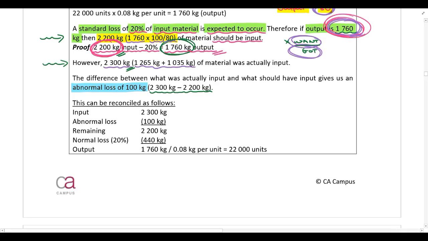And you'll see that can then be reconciled. So take the actual input. They actually input 2,300 kilograms into production. We calculated an abnormal loss of 100 kilograms. I'm going to prove to you through the next calculations that this abnormal loss over here is your usage variance.